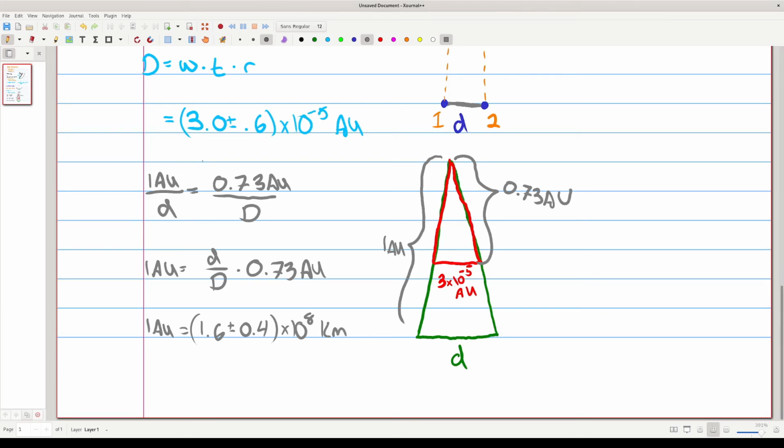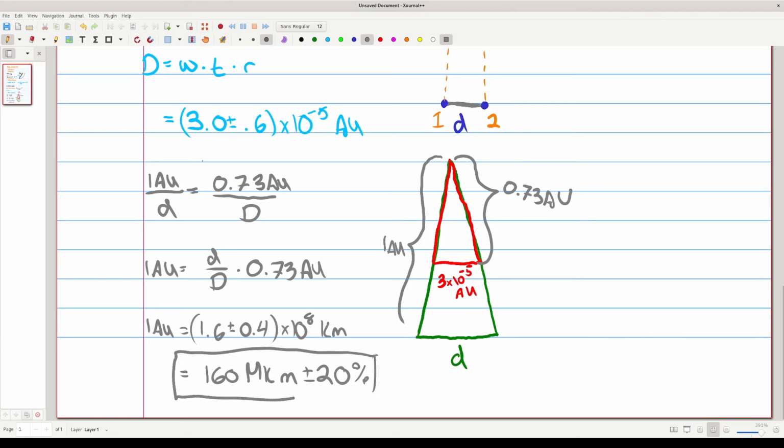So, okay, let's write this in one other way because this is maybe not super clear. This is 160 million kilometers plus or minus 20%.